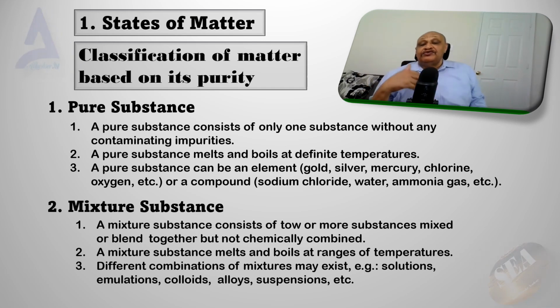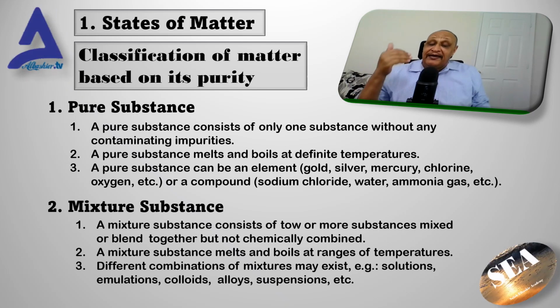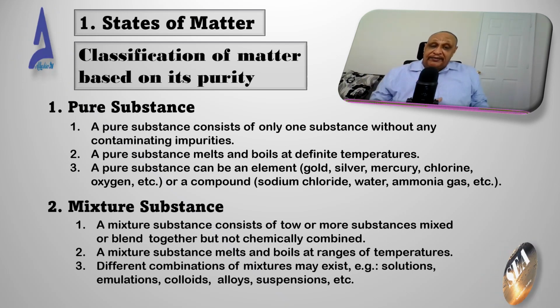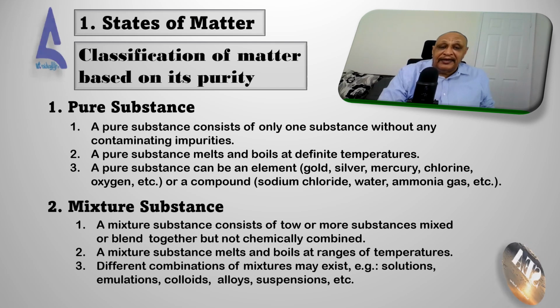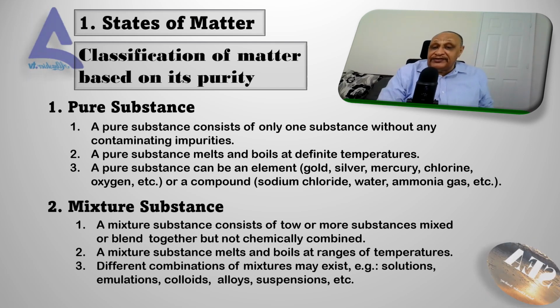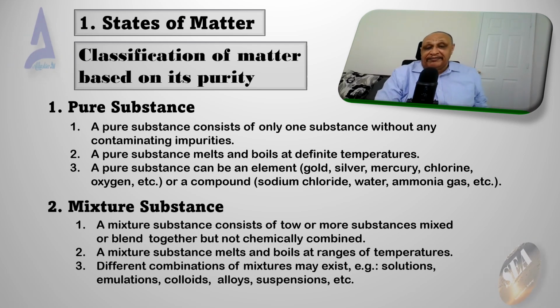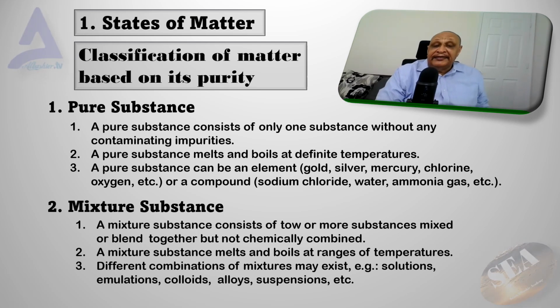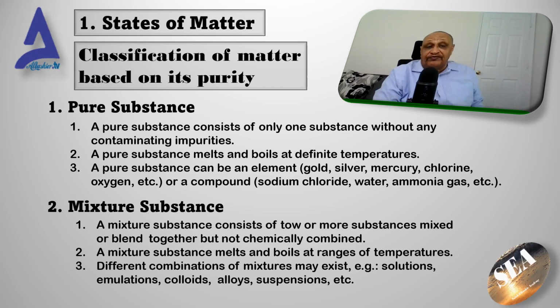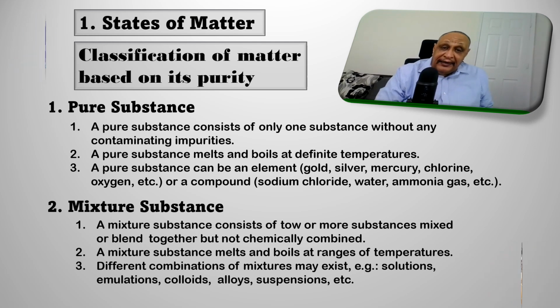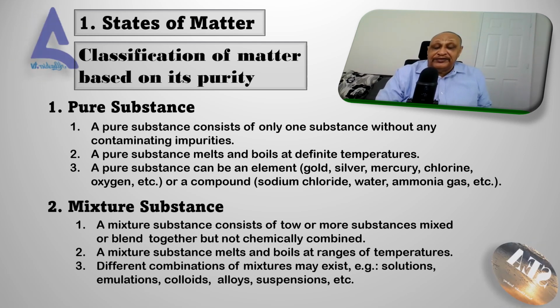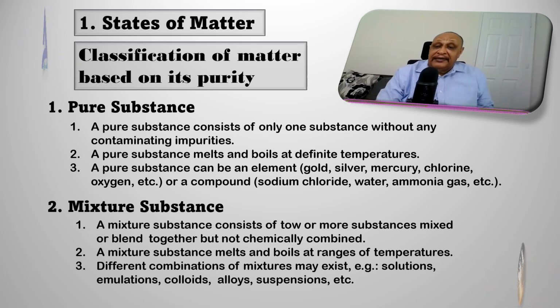They do not melt at the same time, the same way as a pure substance does. Different combinations of mixtures may exist, like solutions, colloids, emulsions, alloys, and suspensions. All these are types of mixtures, and we are going to see them in different places through our study of chemistry.